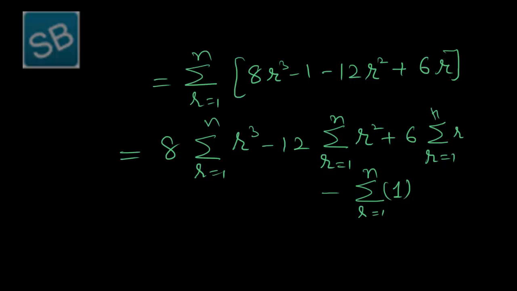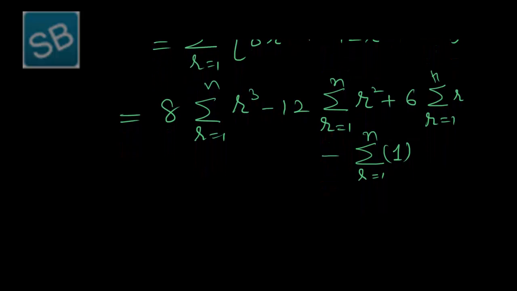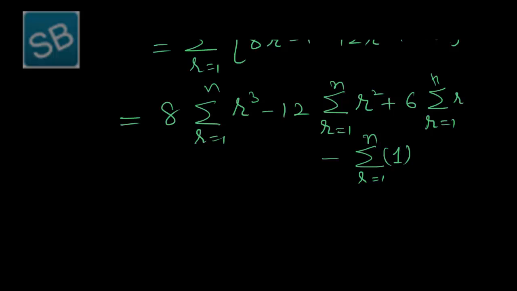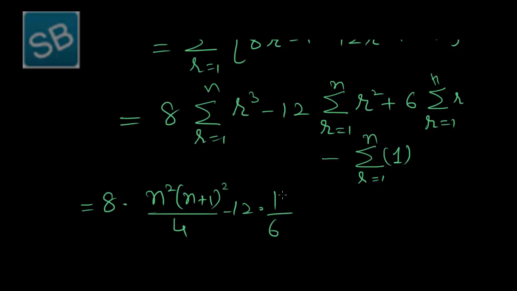So by using the formulas of the cube of natural numbers, square of natural numbers, sum of natural numbers of n terms and sum of a constant up to n, we get 8 into n square n plus 1 whole square over 4 minus 12 into 1 over 6 n into n plus 1 into 2n plus 1 plus 6 into n plus 1 over 2 minus n.